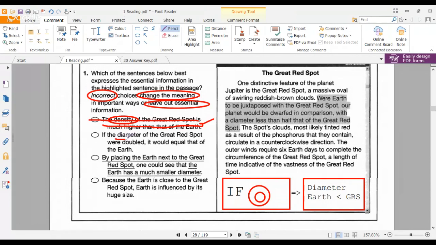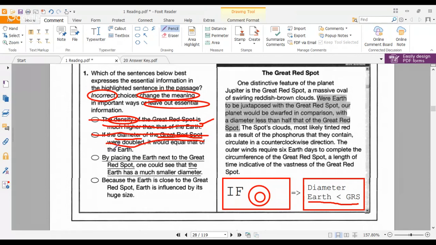So this one is about diameter, which is good. But basically, it says that the Great Red Spot is smaller than the Earth. And is it true if we look at our diagram? No, it's not. Actually, we know that the Earth is smaller than the Great Red Spot. So for this reason, we eliminate B.